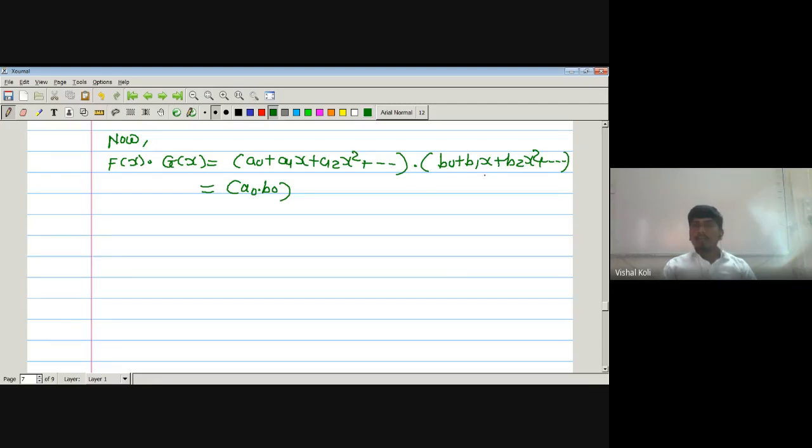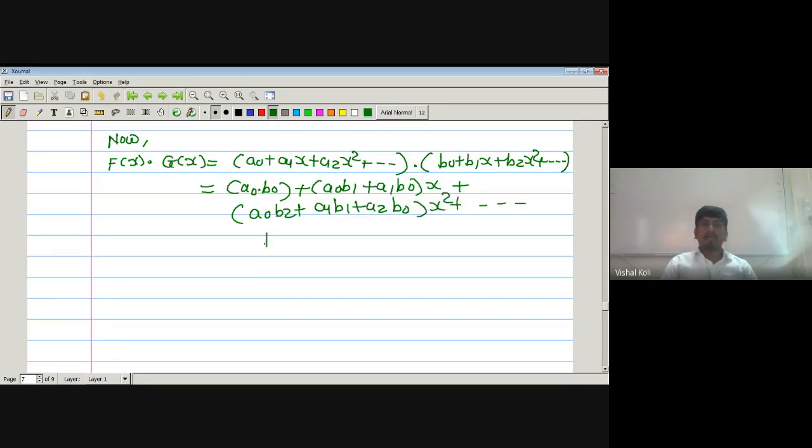Okay, a naught into b1, then its coefficient will be x plus a naught b1 plus a1 b naught. These are the coefficients of x. Okay, plus now we have to take the coefficients of x square: a naught b2 plus a1 b1 plus a2 b naught, x square, and plus up to so on.